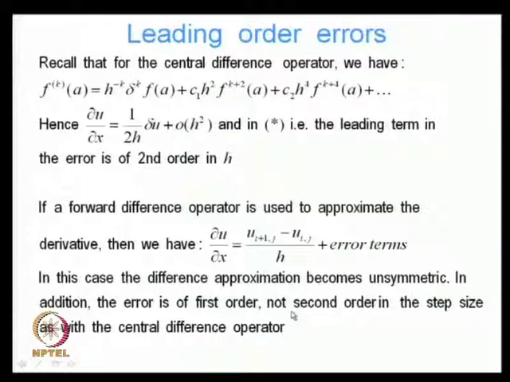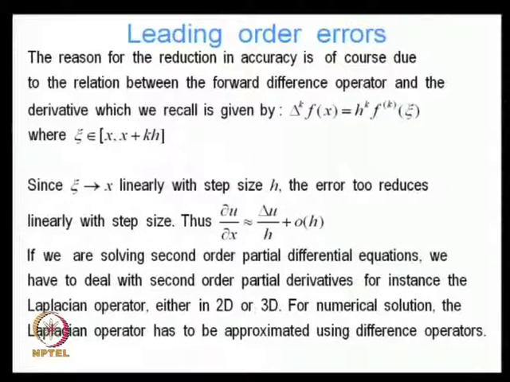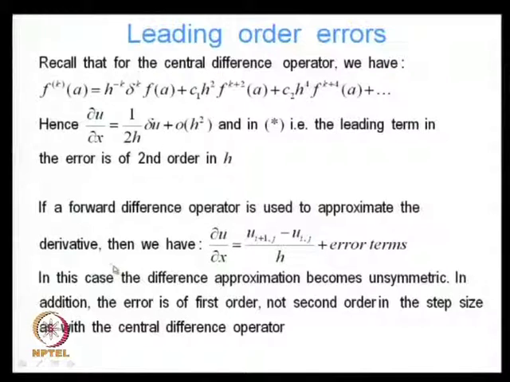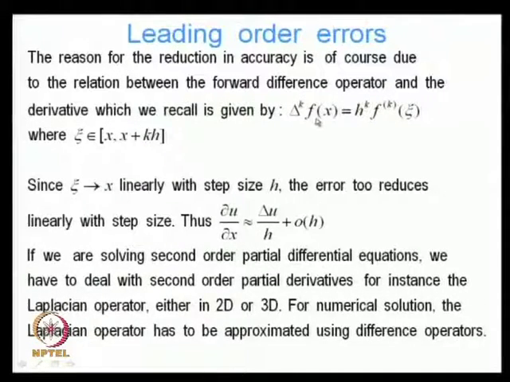Let us go back to the reason for the reduction in accuracy, which we talked about earlier. Unlike the relation between the central difference operator and the derivative, which involves this h square term, the forward difference operator was given by delta to the power k f x equal to h to the power k f k xi, and we said that xi belongs to x to x plus k h.